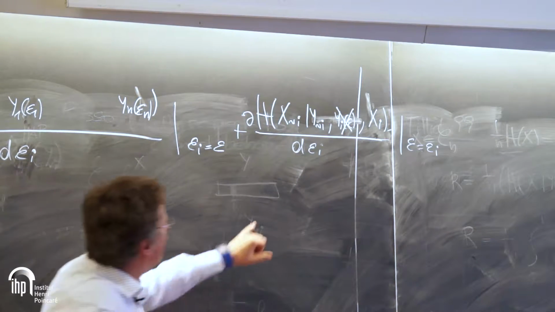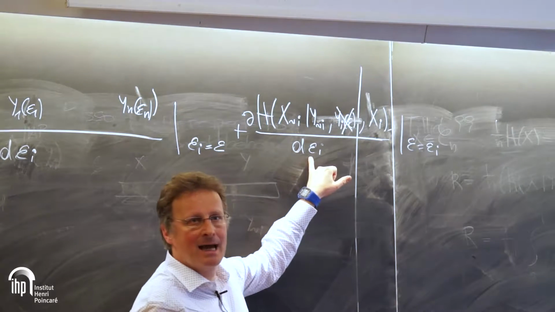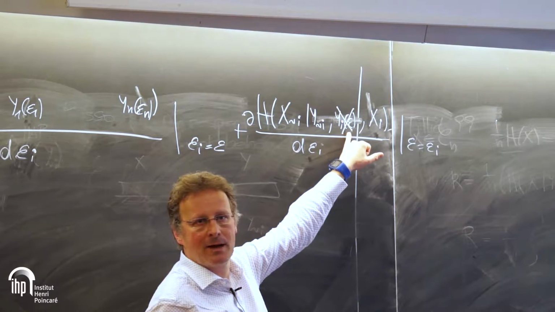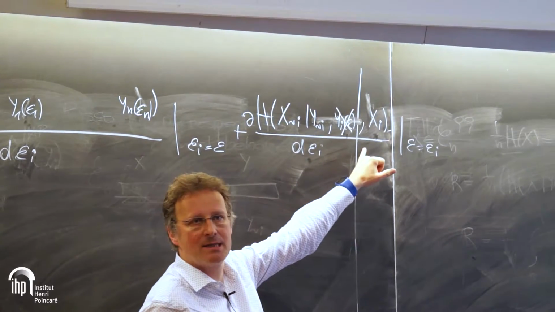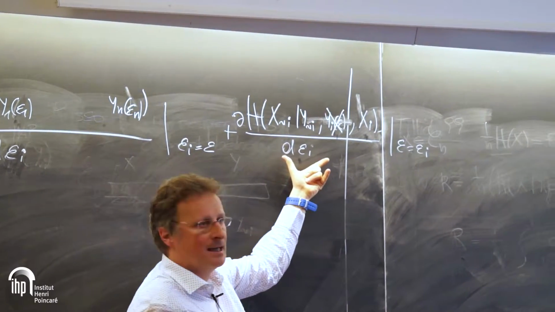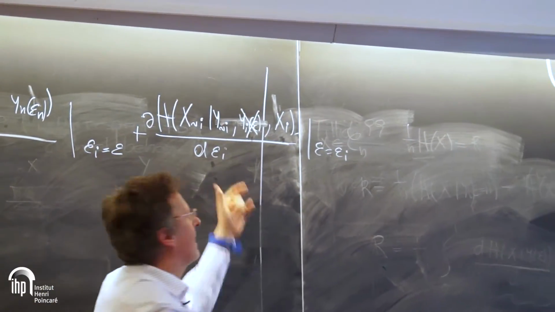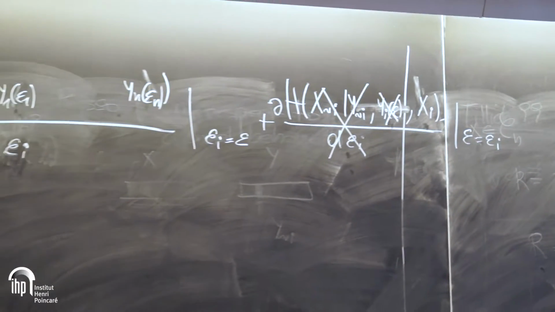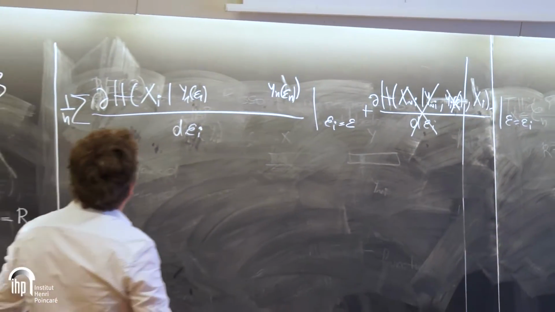But now if you're looking at here, if I'm taking derivative with respect to epsilon i, the only thing that depended on epsilon i was that part here, right? All the other ones have some other epsilon j's here, right? So this actually has no dependence on epsilon i, so I can just get rid of the whole thing here. Okay, so far that's fine.